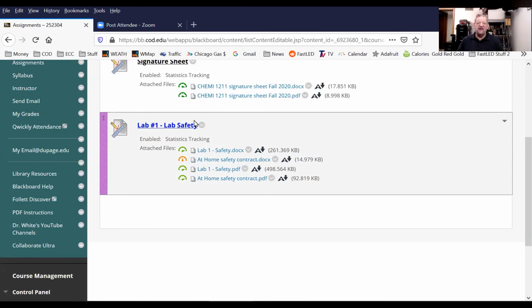Part of the reason I'm saying that is the labs that I got, and not only me, but all the Chem 1211 instructors, from the coordinator or the department chair, Mary Newberg, I'm modifying them to make them better for you. She's done a good job, but I've modified them. And you should be downloading these because you'll be doing this. This lab and all labs are due the next week as per my syllabus.